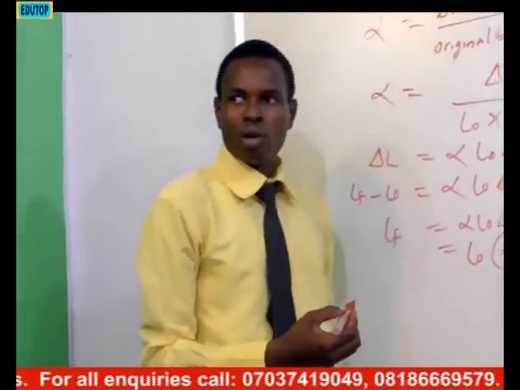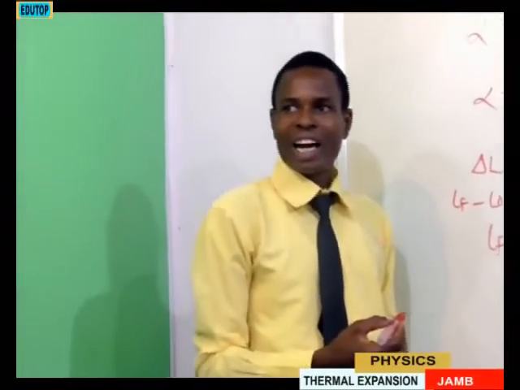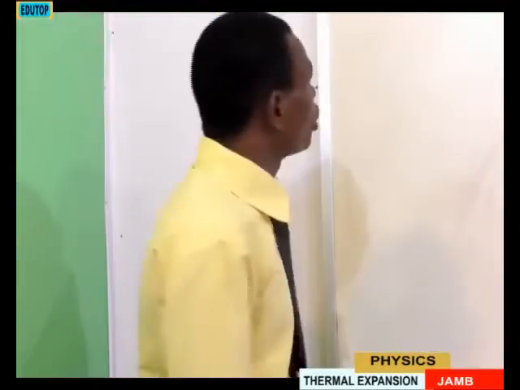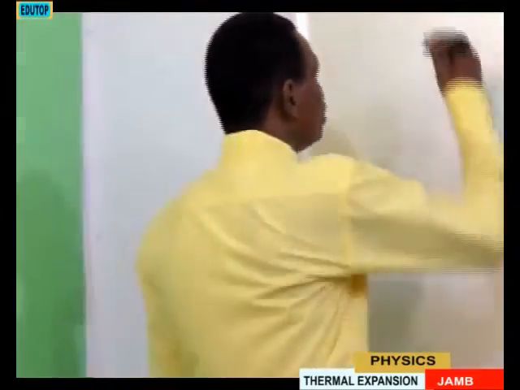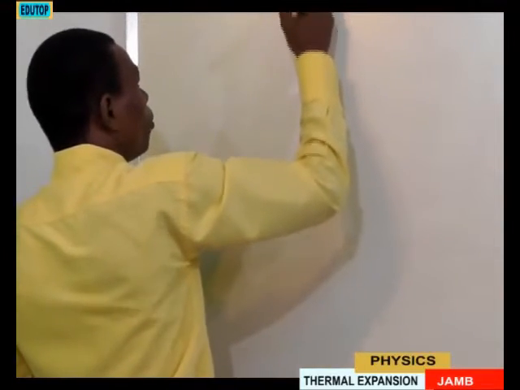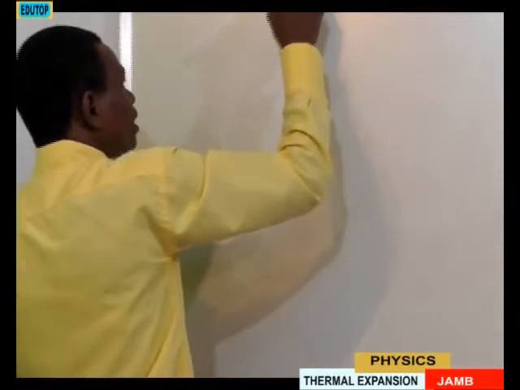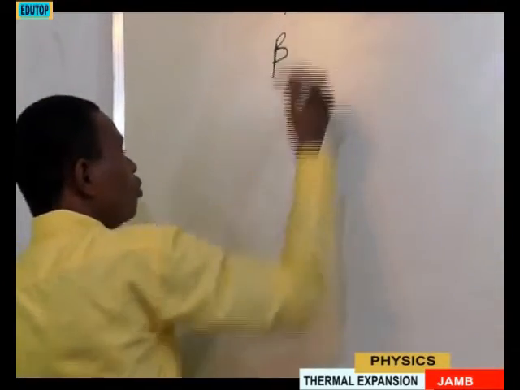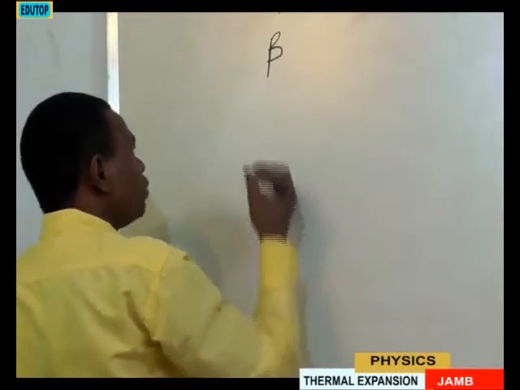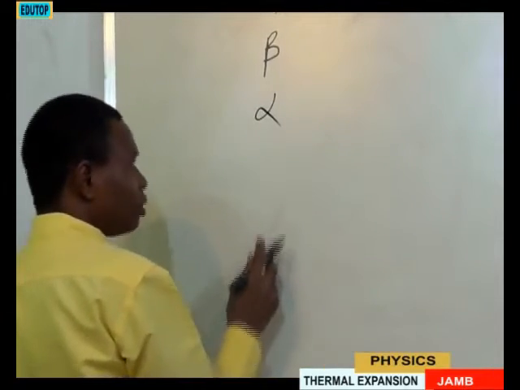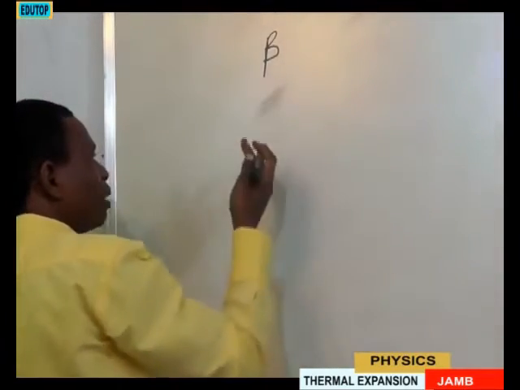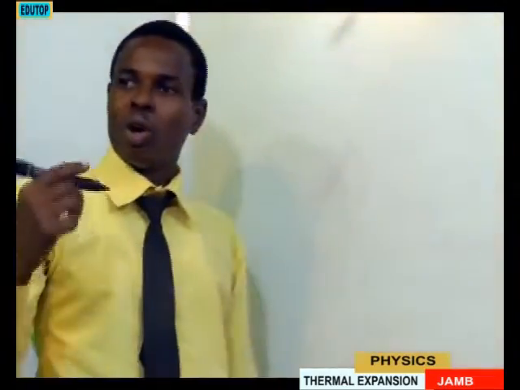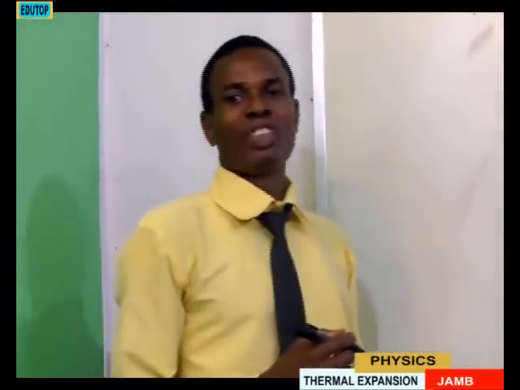We will quickly go to superficial expansivity or area expansivity. For superficial expansivity, this is the symbol. We call it beta. For the one we have just considered, which is linear expansivity, we call it alpha. For superficial expansivity, it has the same definition as that of linear expansivity.